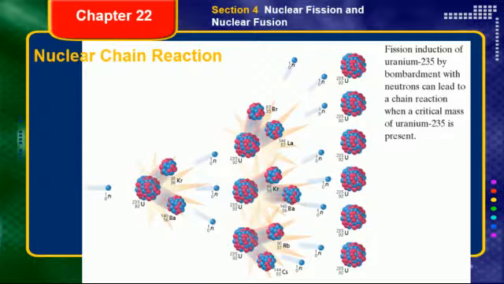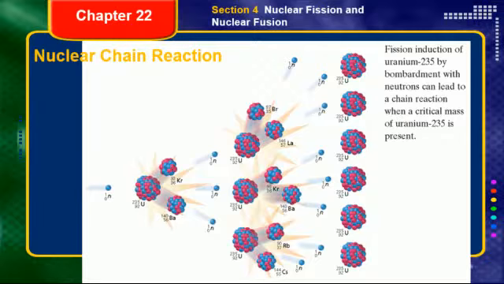Once we do that, we can start a chain reaction, because once this uranium-235 splits, not only does it split into two, a krypton nuclide and a barium nuclide, we also produce 3 neutrons that are pretty high in energy.